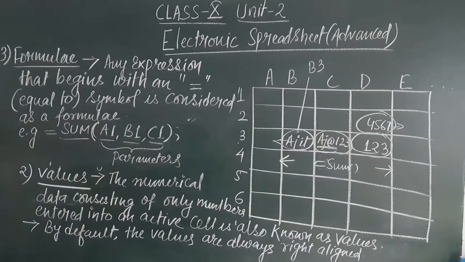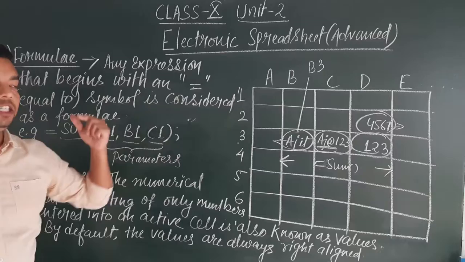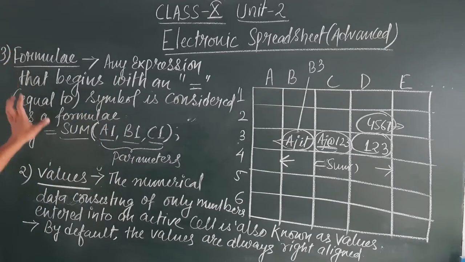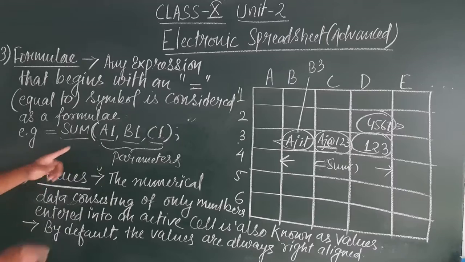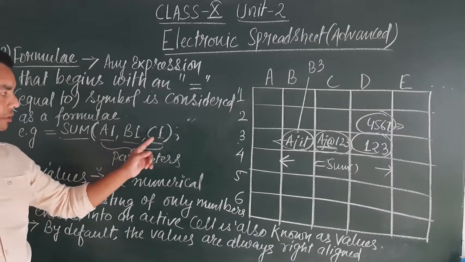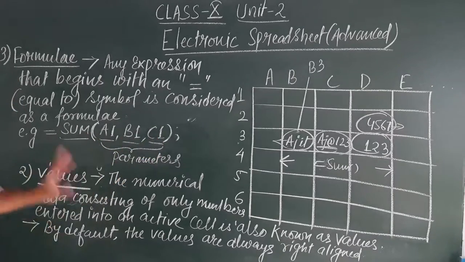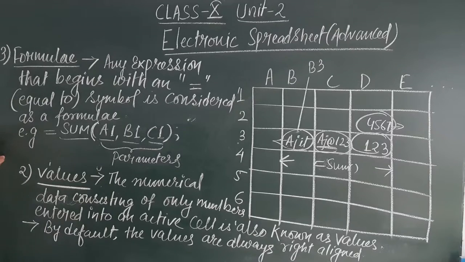Whenever we insert any expression into an active cell, and that expression begins with the equal to symbol, it is also known by another name, that is formula. For example, SUM(A1, B1, C1). Right? So these are the three terms which we need to learn whenever we are inserting data into our spreadsheet application.